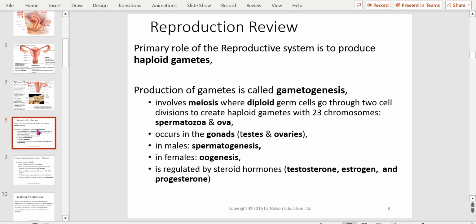The primary role of the reproductive system is, of course, to produce haploid gametes, right? You remember our DNA is 2N. Sex cells are only 1N, half of our DNA. Production of gametes is called gametogenesis, and it involves meiosis, not mitosis. The whole idea is that 2 parents can have 4 different children that look nothing like each other.